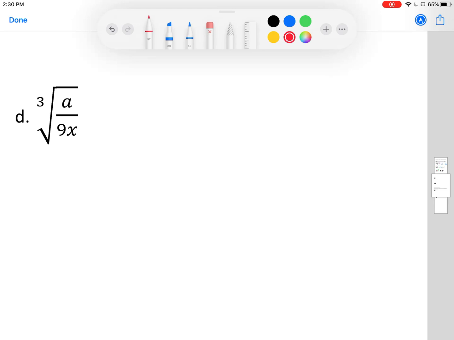So what if a number is not prime, such as 9? Is 9 the same thing as 3 squared? So we want the cube root. We have the cube root of a divided by the cube root of 9x. Well, we already have 3 counted for twice.